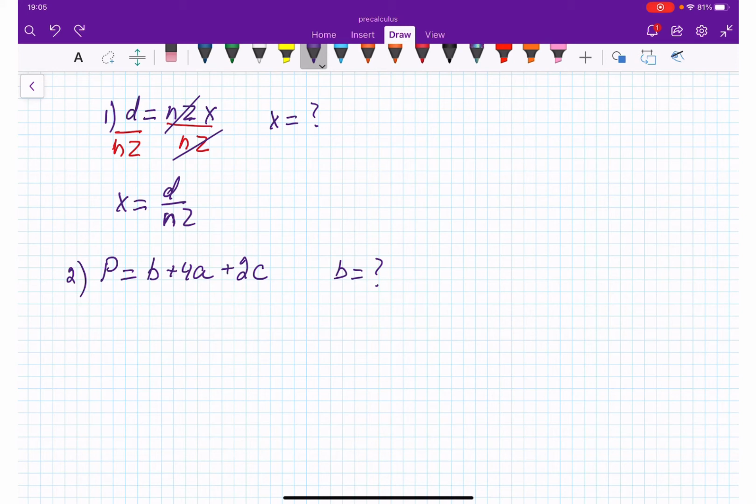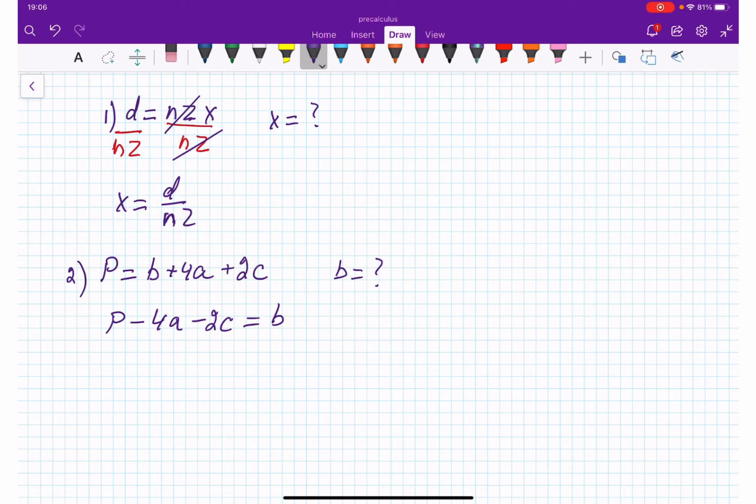When we move any term of an equation to the other side of the equal sign, we always flip the sign to the opposite. Look, 4A was positive. Once we move it over, it's going to be negative. 2C was positive. We move it over, it's going to be negative. And here we have B left. And we are done.